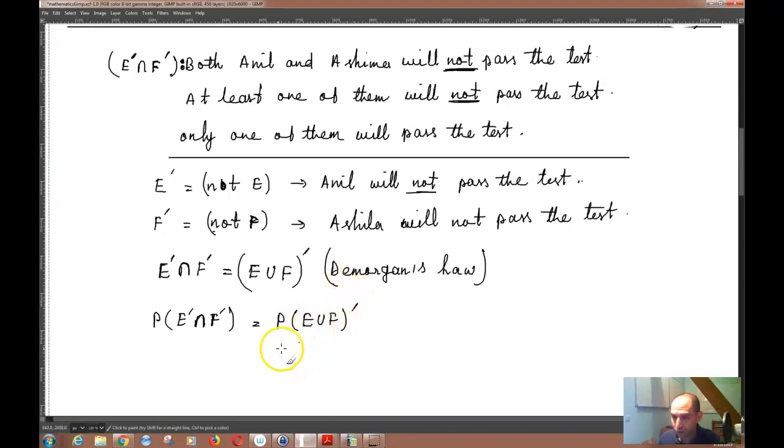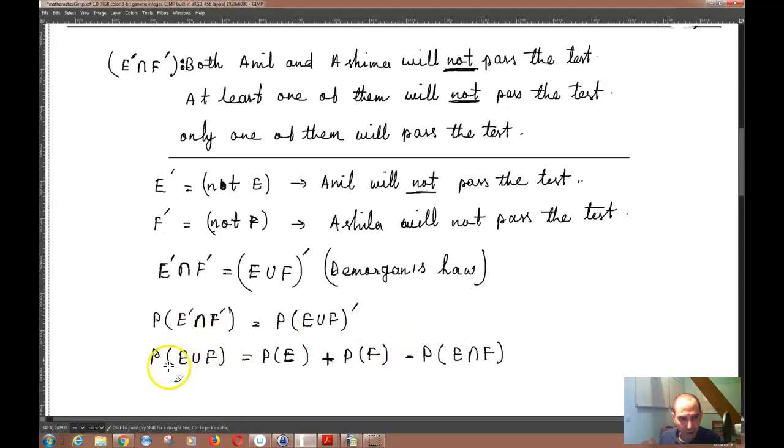Now, of course, you know that P of E union F, based on what we said before in the previous video, is P of E plus P of F minus P of E intersection F, right?